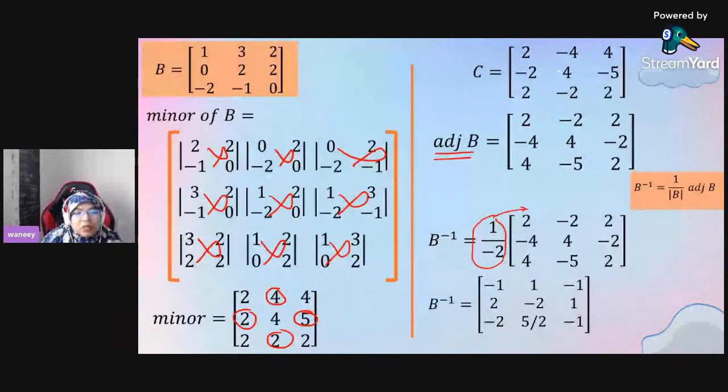So B inverse will become -1, 1, -1, 2, -2, 1, -2, 5 over 2, and then -1. So this is our B inverse. Okay, so I think we are done with the adjoint method.